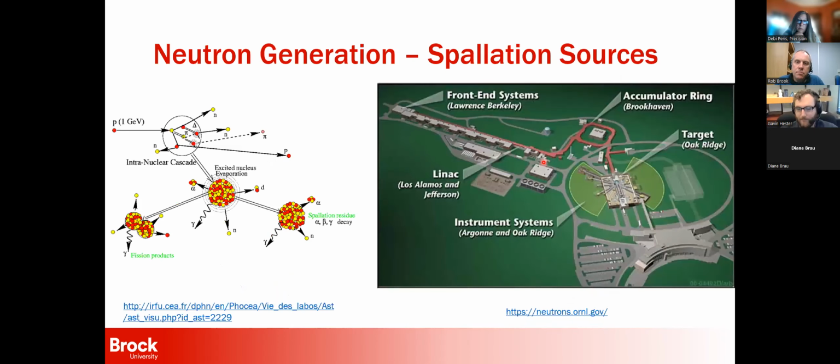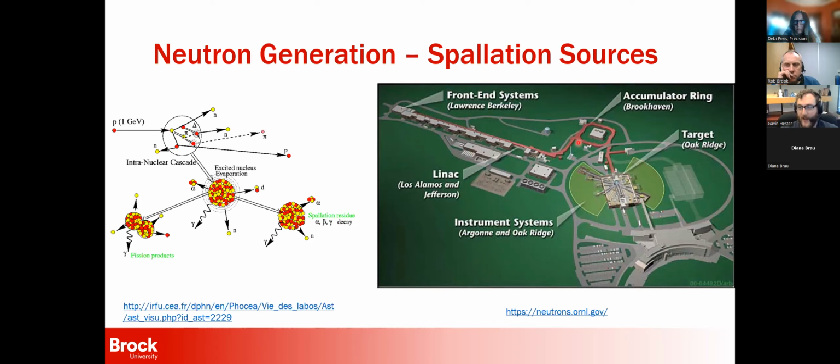The more modern way to generate neutrons, although both are still used for sure, is to use spallation. Spallation is a bit of a complicated process, but essentially what they do at Oak Ridge National Lab, which I'm showing in this diagram on the right, is build a particle accelerator. That's what this red line is here. They accelerate protons to a near fraction of the speed of light.